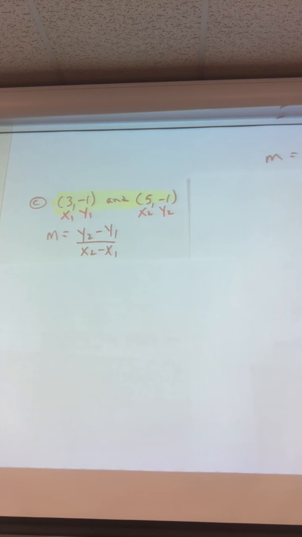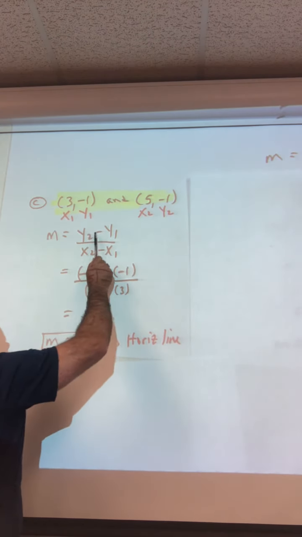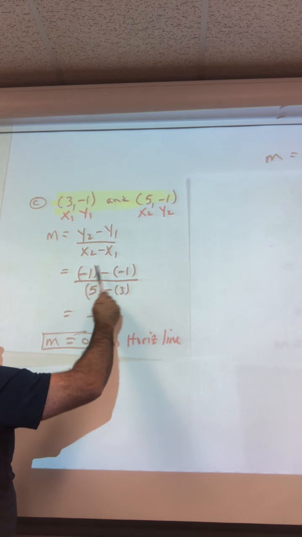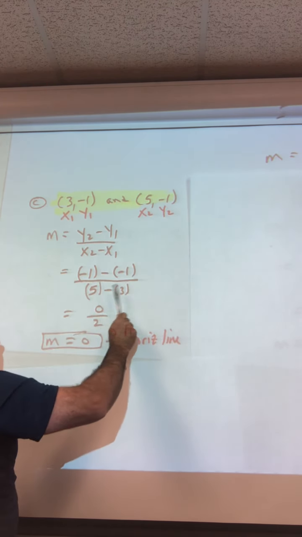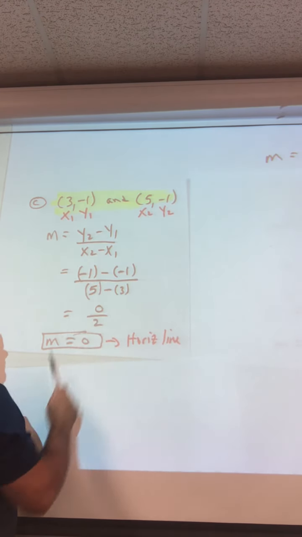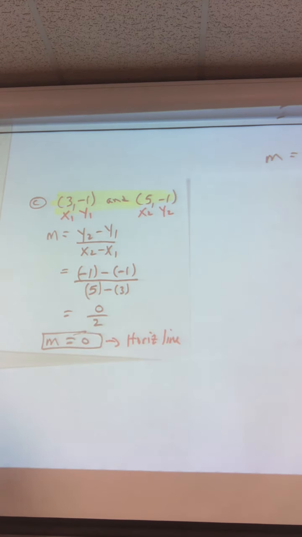Going to write down the slope formula. And then y2 is negative 1 minus y1, which is another negative 1, over x2, which is 5, minus x1, which is 3. Double negatives give me a positive, so that gives negative 1 plus 1, which is 0, over 2.